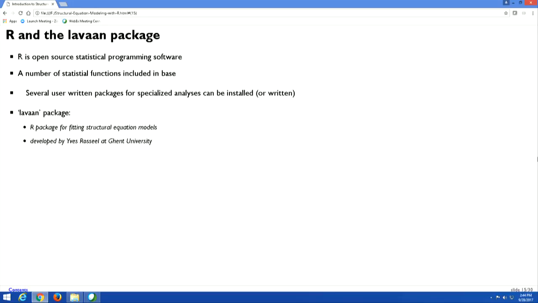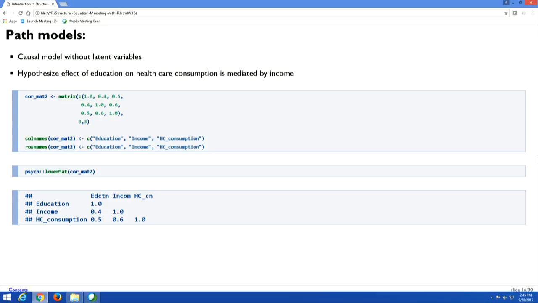But it also has a lot of user-written packages for specialized kinds of analysis that you can install, or if you're a good programmer and have a lot of theoretical statistical knowledge, you can write your own packages. And the lavaan package is one of those user-written packages. It's written by a psychometrician called Yves Rosseel, who's at Ghent University in Belgium, and it's becoming a very, very popular SEM package for R.